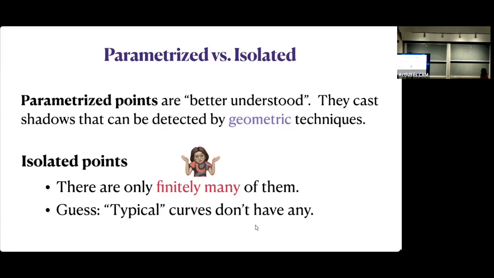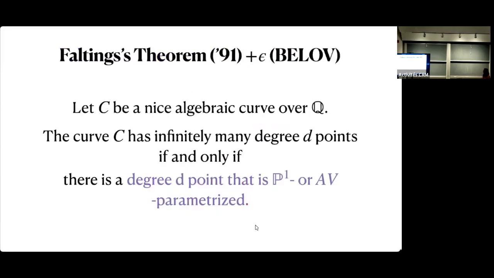Okay, but this division is the reason why we have to consider higher dimensional abelian varieties, and this definition that I told you to ignore because I didn't want to get into the details. It's sort of forced on us because having parameterized points is exactly the thing that tells us when you have infinitely many degree d points or not.